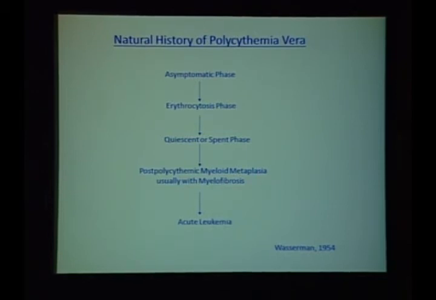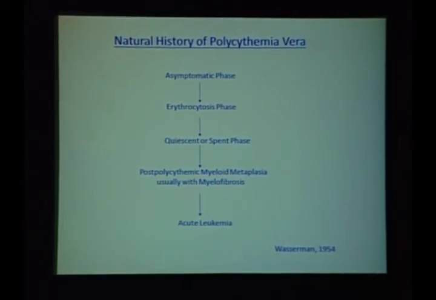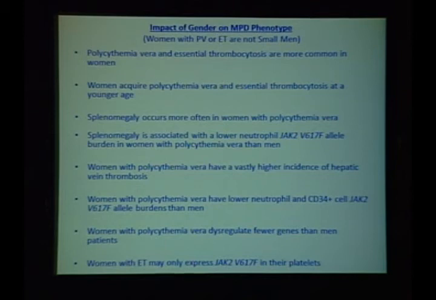Now, to Dr. Wasserman's credit, he said, I hypothesize. To the discredit of the hematology community, they took that as gospel, and it went from a hypothesis to the truth. Not his fault. So, that's the first point.